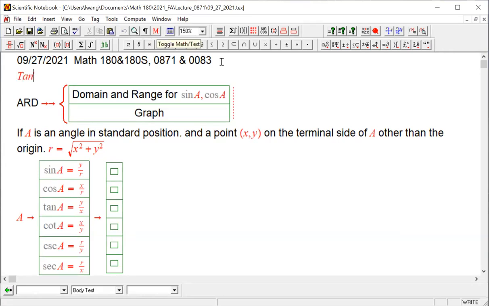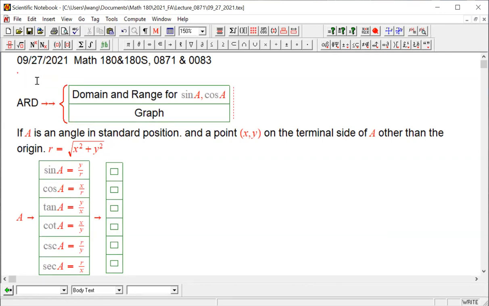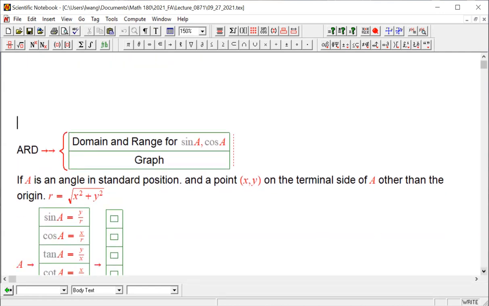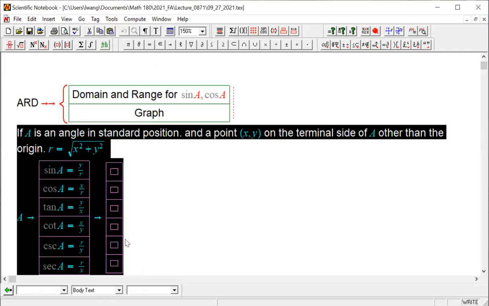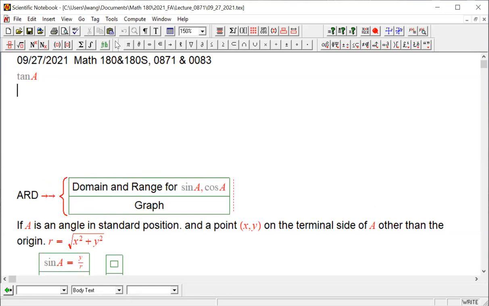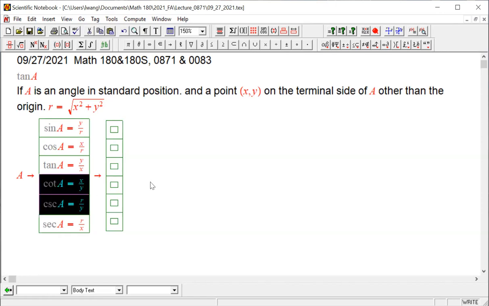Tangent A. We go back to the definition, and I want to simplify all of that. From the definition, how is tangent related to sine and cosine?